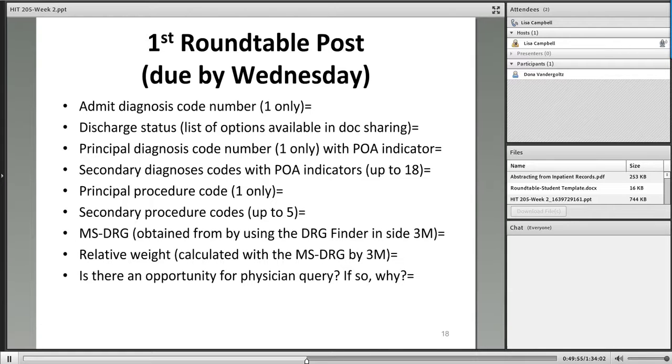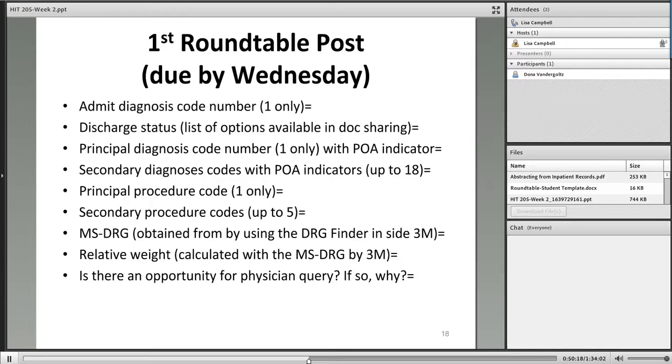Chapter 3 in the textbook. I hate to keep going back to that, but that's very important. Chapter 3 in the textbook spoke about the concept of which procedures we should be capturing. From your HIT 203 course, hopefully you have not gotten rid of those guidelines because you're going to need them.